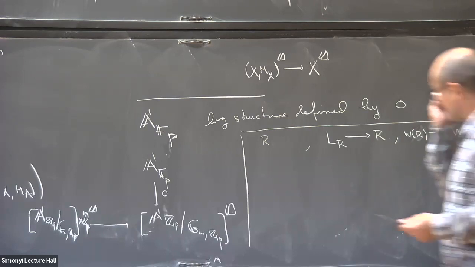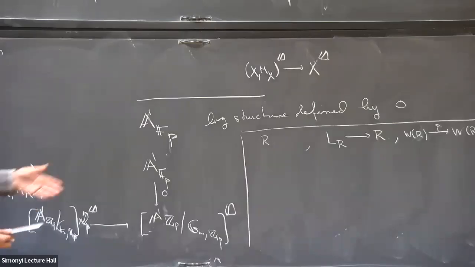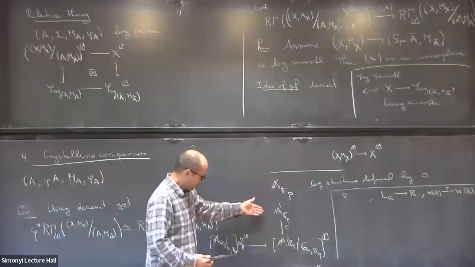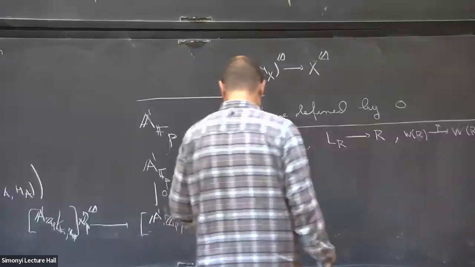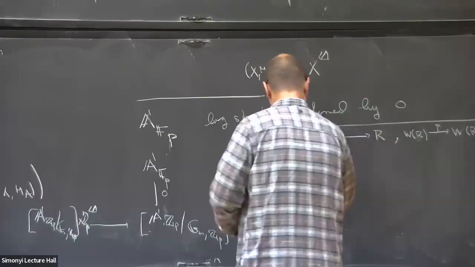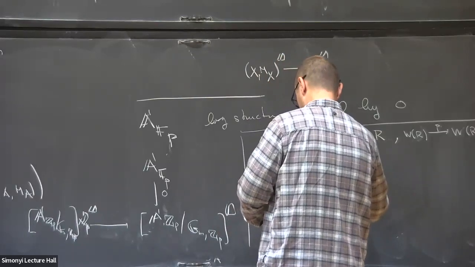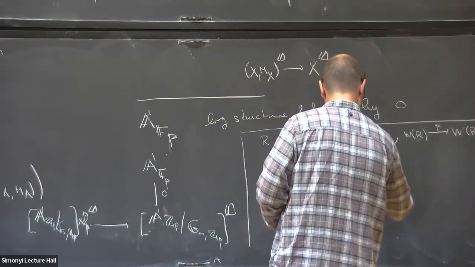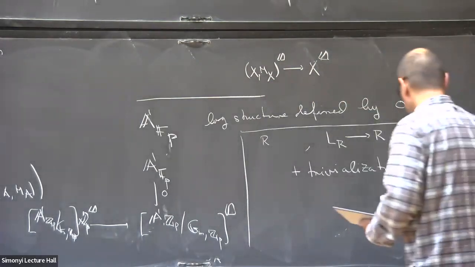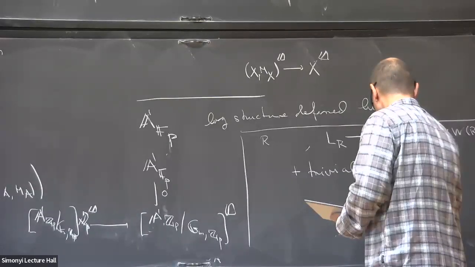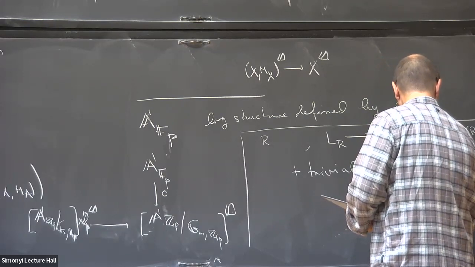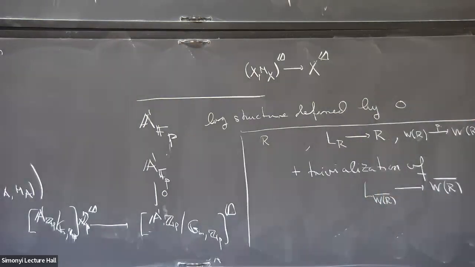And then what am I asking for? This is the universal torsor over here. So I want a trivialization of the reduction, let's see.